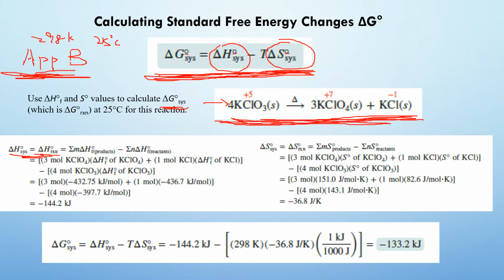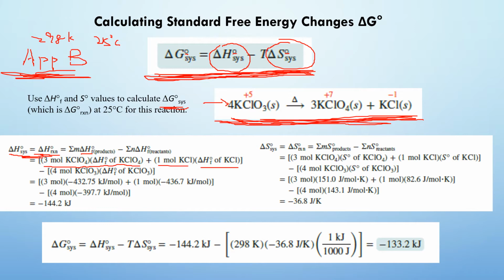Using this appendix B, we can find the heat of formation, the delta Hf naught. For your products first, you have 3 moles of KClO4, so you multiply 3 by the heat of formation for that compound, and then add 1 mole of KCl, so you multiply 1 mole by the heat of formation for that compound.